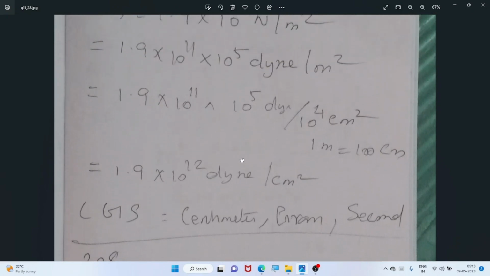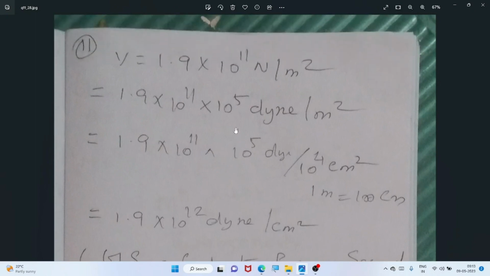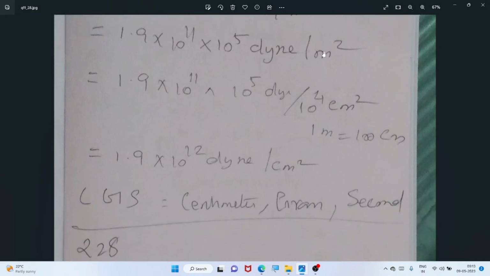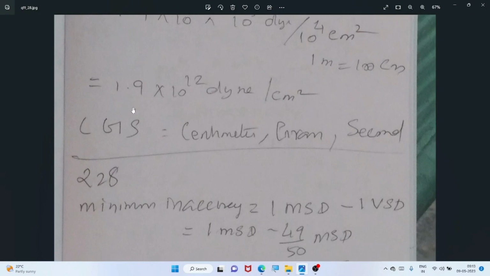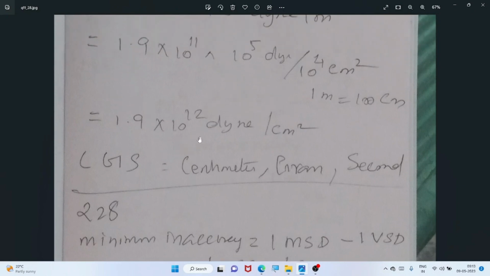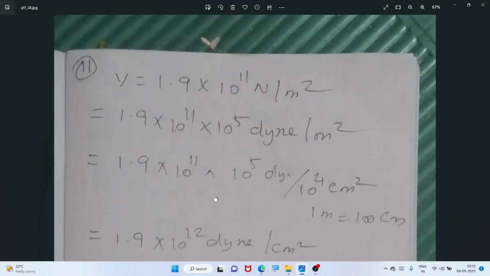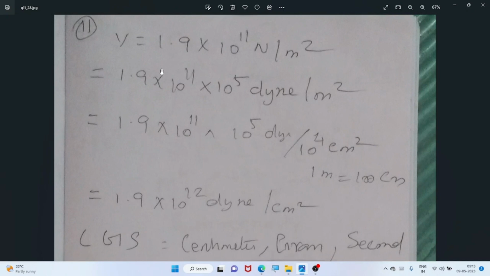So we are converting meter into centimeter, and 1.9 this Newton we are converting to this unit, okay. After that we are converting this into centimeter, then finally we are arriving at this CGS, centimeter gram second, okay. We are substituting for the Newton 10 power 5.